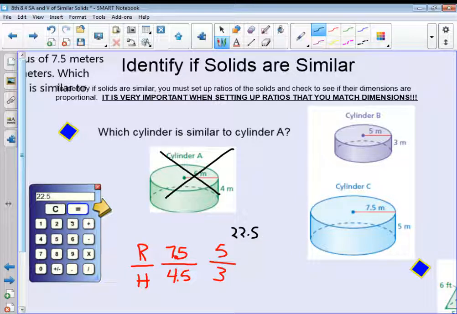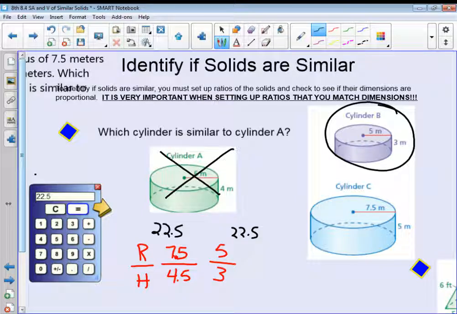So if I do 3 times 7.5 gives me 22.5. There it is. Okay, so that means the one that was proportional was cylinder B. Okay, so that's just checking your cross products.